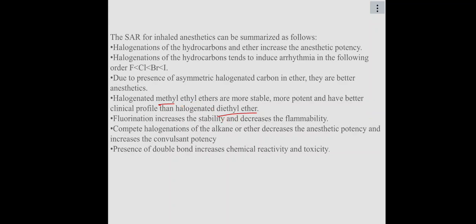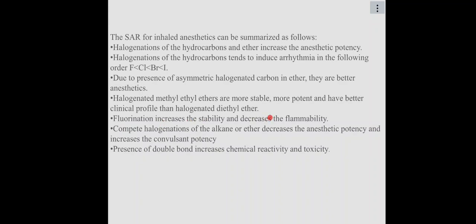Of course, the methyl ethyl will have more balanced lipid solubility than the diethyl ethers. These ones have higher lipid solubility because of the ethyl groups on both sides, and therefore again lack this balance, because we did talk about depot formation. That's the only difference. Methyl ethers have slightly lower lipid solubility. These ones might have very high lipid solubility, resulting in depot formation.